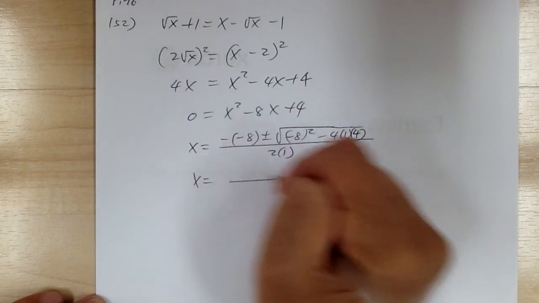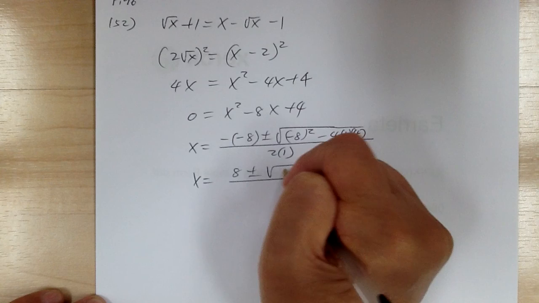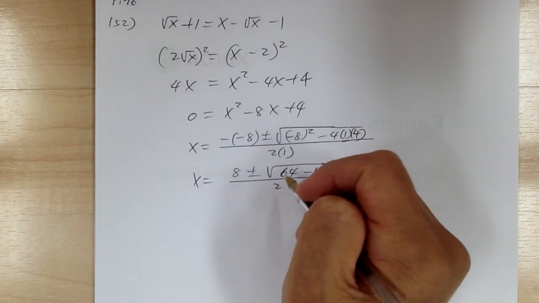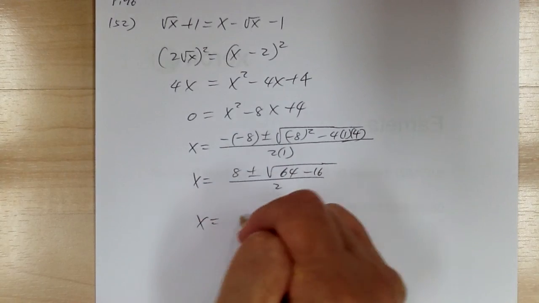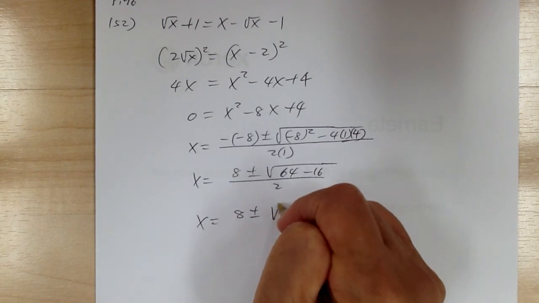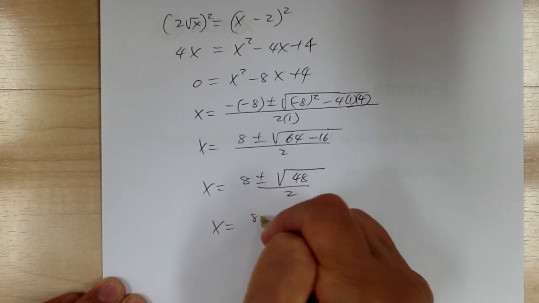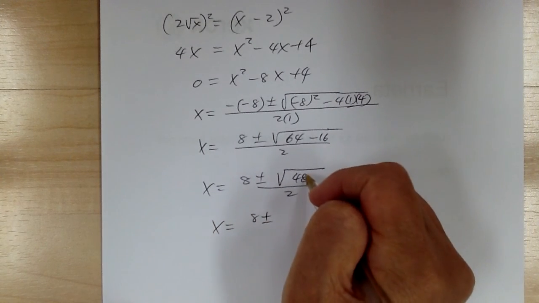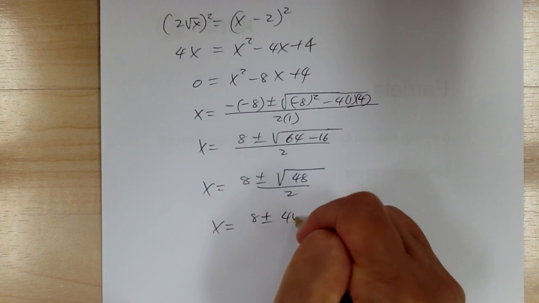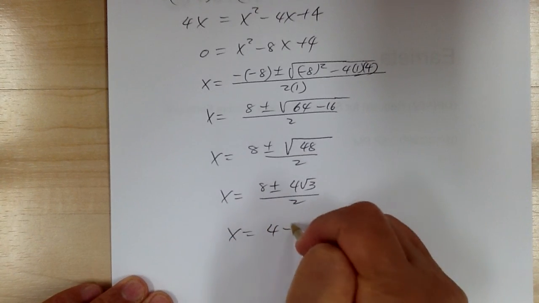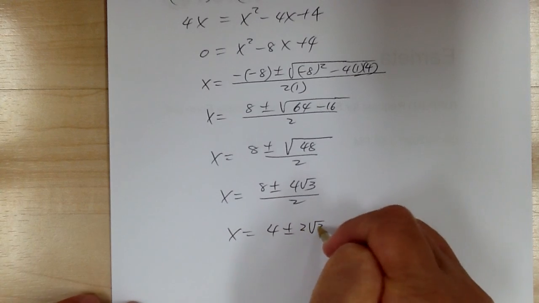So x equal to 8 plus or minus square root of 64 minus 16 over 2. So x equal to 8 plus or minus square root of 48 over 2. Simplify this, you get 4 square root of 3, and then simplify that a bit more, so you got 4 plus or minus 2 square root of 3.